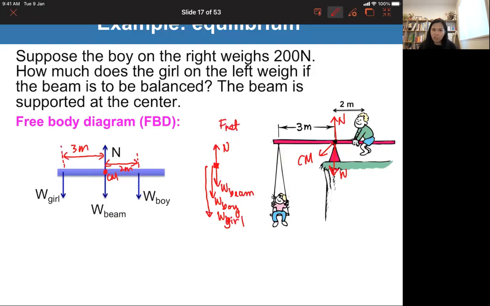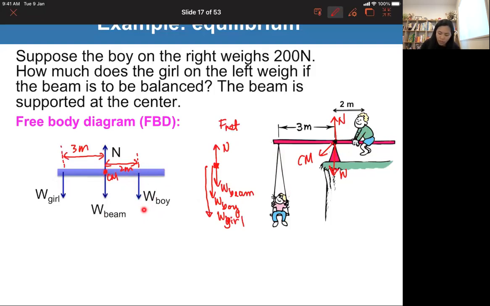It doesn't matter at which distance the forces are acting. But if you're finding the torque, then it's important to indicate where the force is relative to the pivot point.